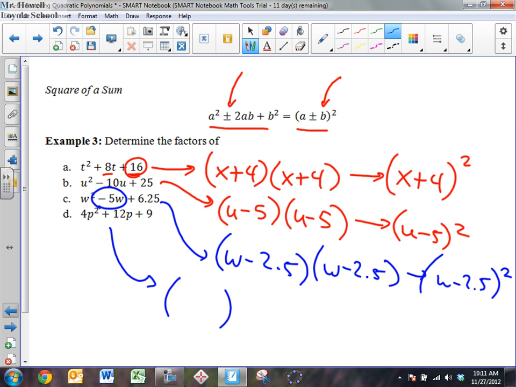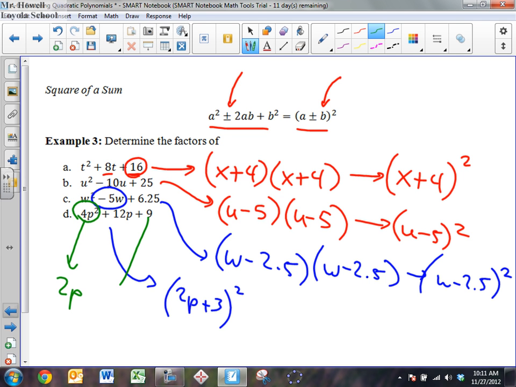You would have to do AC to solve it, but if you can pick up on the pattern we've been looking at the whole time, what might you be able to say for this one? 2p plus 3 squared. Very good. How do you know that? What's the square root of 4p squared? 2p.